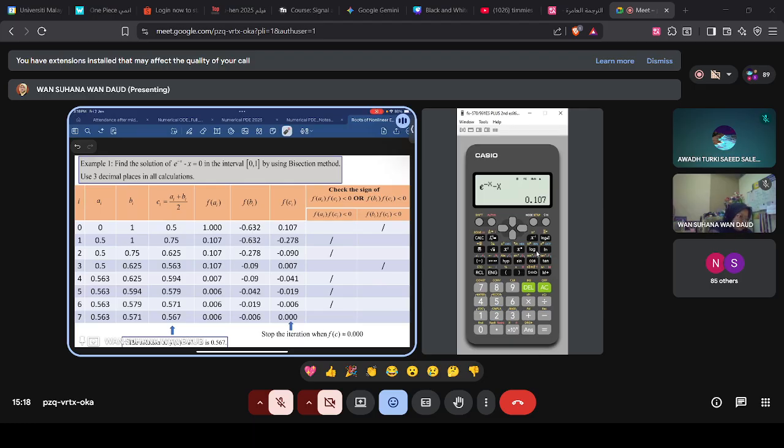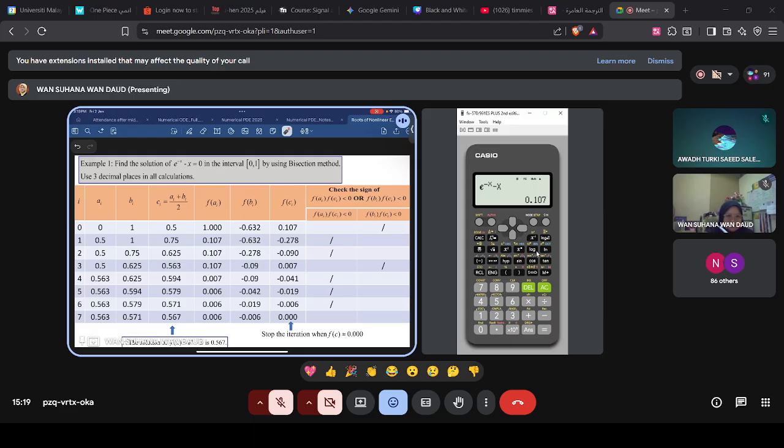Initially you got 0, 1, and next you should find the new a and new b. Now you are going to use the intermediate value theorem. You have to check whether f(a)f(c) or f(b)f(c). Be careful, guys. Please remember f(a)f(c) or f(b)f(c).